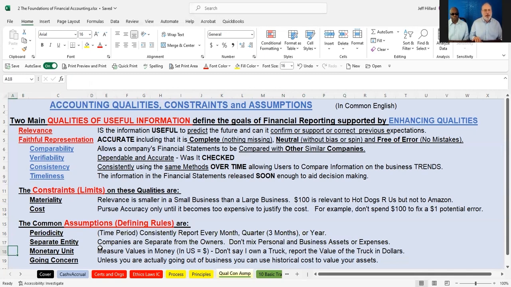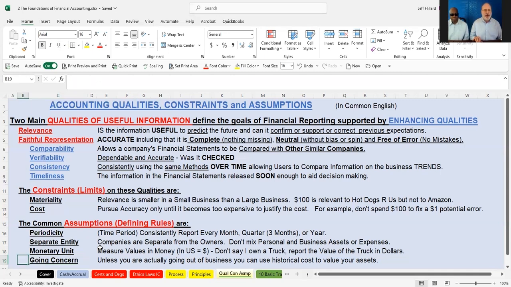Monetary unit. Monetary unit means you measure it in money, which in the US is dollars, and it can be whatever currency, but you don't say, I own a truck. You report the value of a truck as a long-term asset. And going concern, which means unless you're actually going out of business, you can use historical cost.